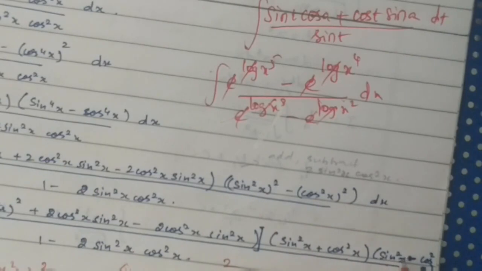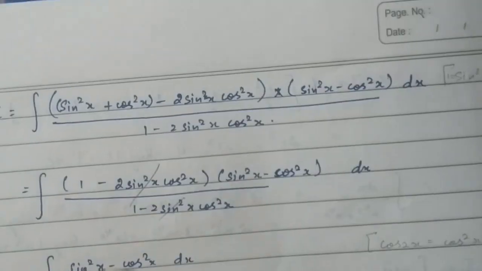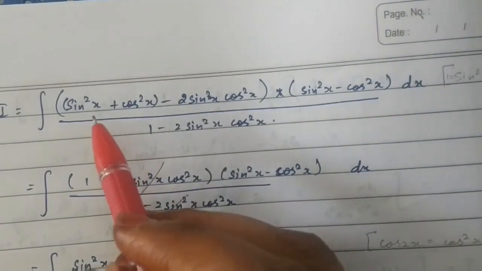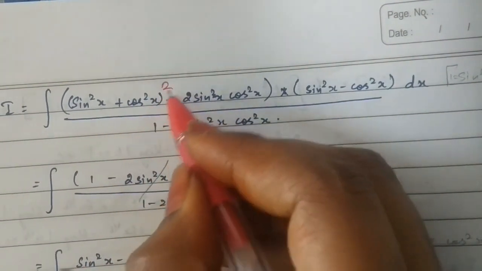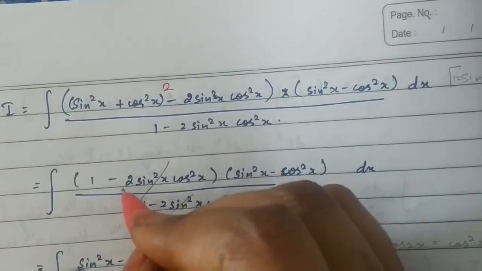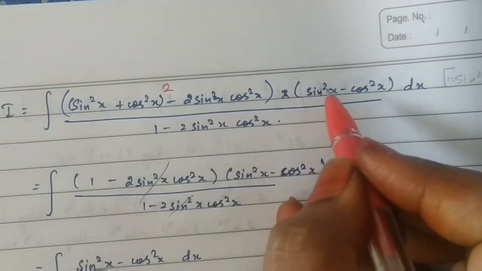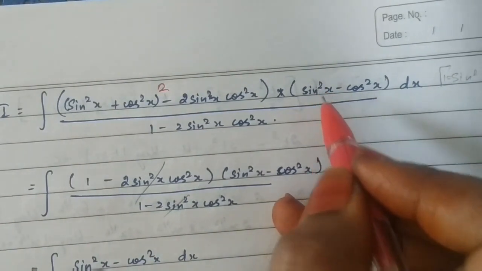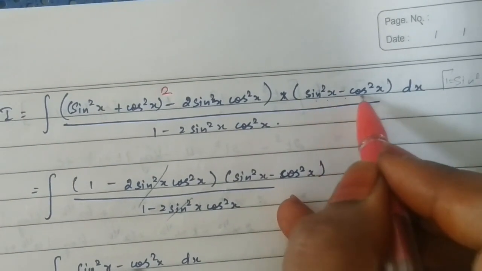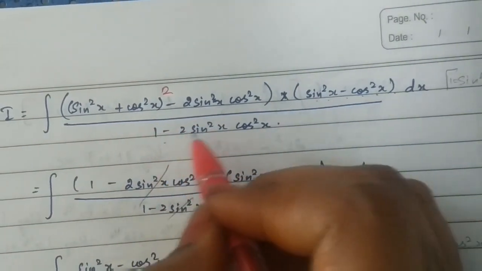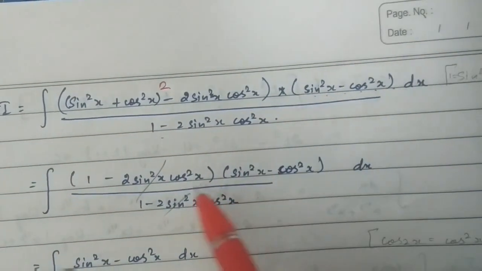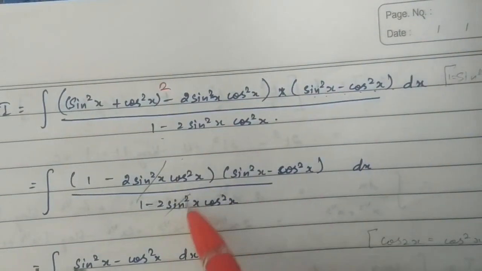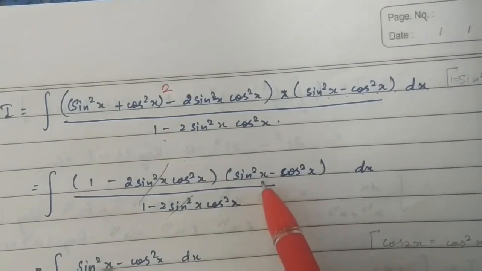This term will become 1 and this term alone will be remaining. So this is (sin square x plus cos square x) the whole square. This becomes 1. Therefore 1 minus 2 sin square x cos square x. And the remaining sin square x plus cos square x becomes 1. Remaining term is (sin square x minus cos square x) into dx divided by 1 minus 2 sin square x cos square x. In the next term, both numerator and denominator will get cancelled. Remaining will be (sin square x minus cos square x) into dx.